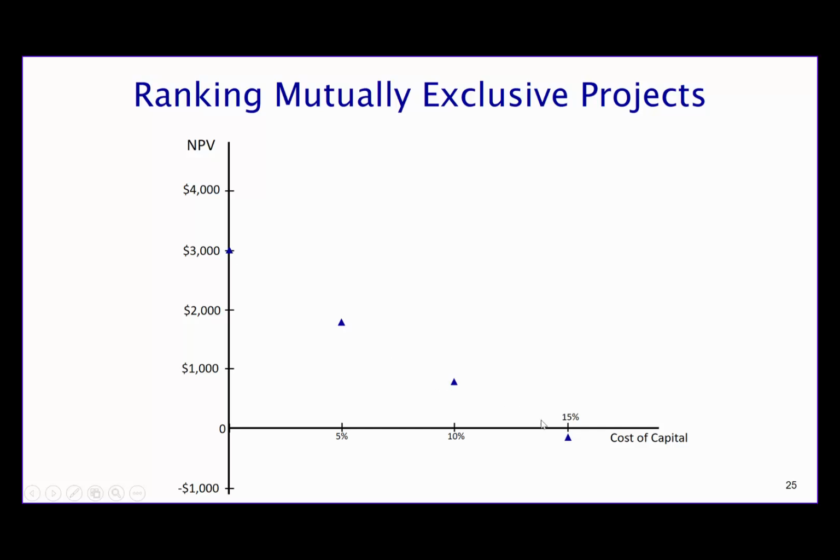These are the next 2 points. I'm not using a real sophisticated drawing tool here, so it's a little kinked. This should actually be a very smooth curve, but the next one's going to look even worse. But there's the NPV profile for project S. It's simply showing us the NPV as a function of the cost of capital.